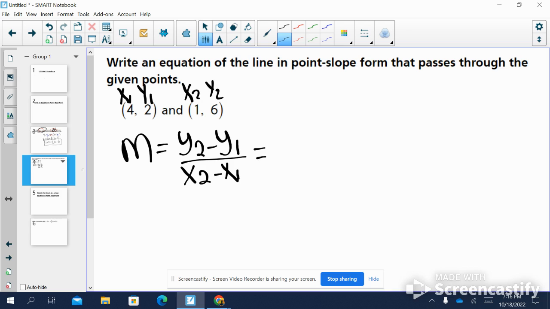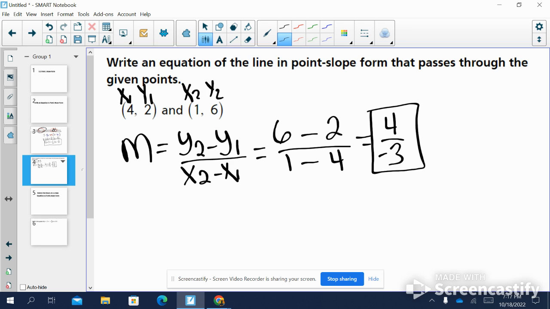So in order to find the slope, all we have to do is substitute in the values for y2, y1, x2, and x1. y2 is 6, y1 is 2, x2 is 1, x1 is 4. So 6 minus 2 is 4, and 1 minus 4 is -3. So our slope, m, is equal to 4 over -3.